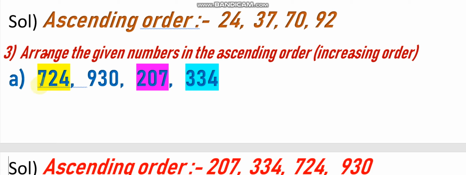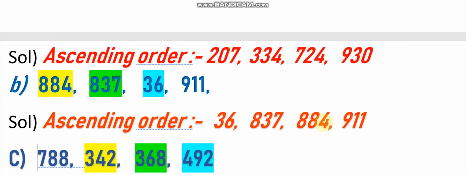Again you find the smallest number. 7, 9, 3. What is the smallest digit? 3. So make a round to 334. You write here 334. Again remaining 2 numbers. Again you find the smallest digit from the hundreds place. Here 7, 9. Which is the smallest? 7, 724. You write here. Then last number is 930. It is the ascending order of the given numbers.